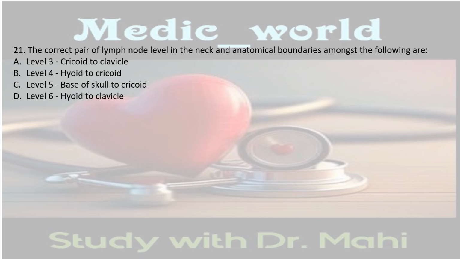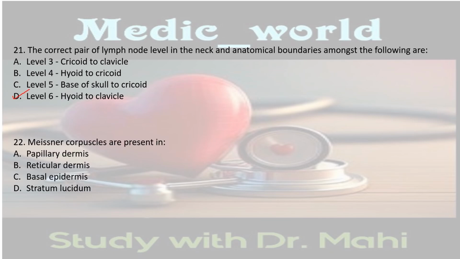No. Level 5, base of skull to cricoid. No. Level 6, hyoid to clavicle. This is the correct option. Now, the next question. Meissner's corpuscles are present in. The answer to this question is papillary dermis, because Meissner's corpuscles are present in papillary dermis.